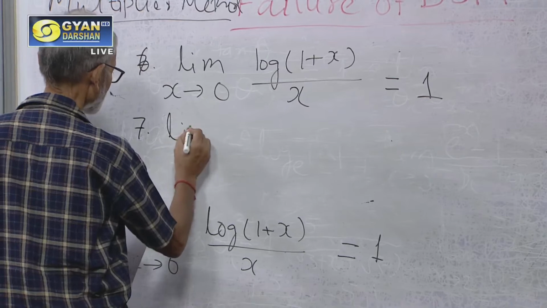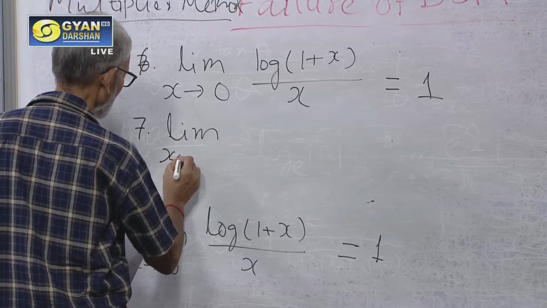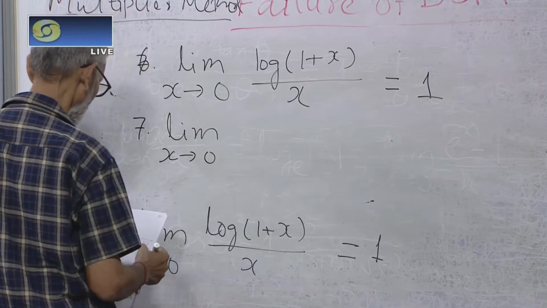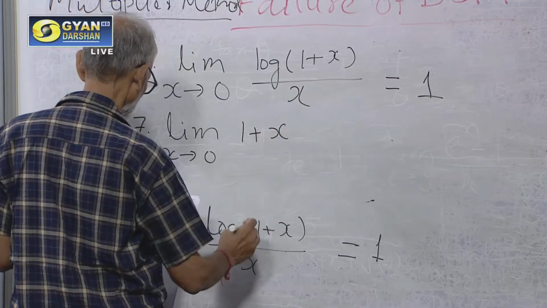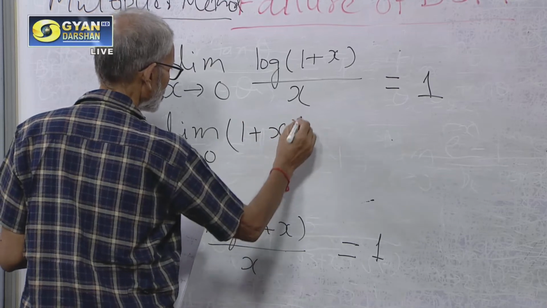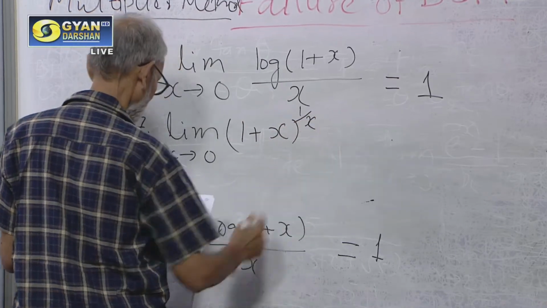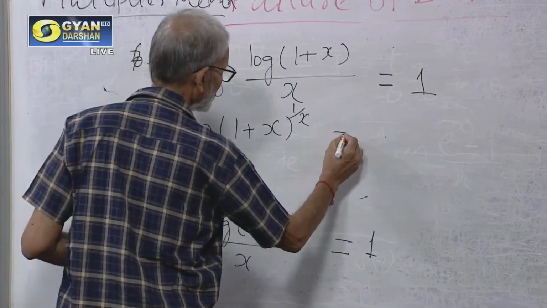seventh one is limit x tends to 0, (1 plus x) to the power 1 by x, it will become e.